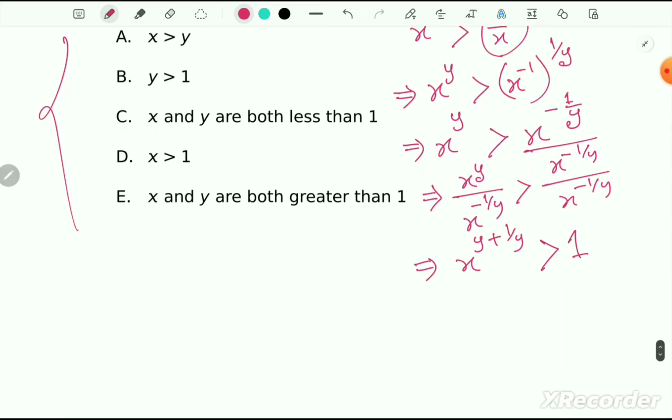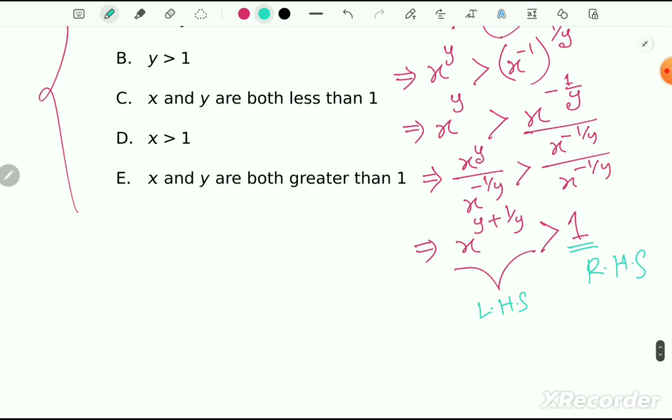Now think critically. This left hand side is greater than right hand side, which is 1. So when left hand side will be greater than 1, if x value is negative, that means less than 0, can it be greater than 1? No. So therefore x cannot be negative.